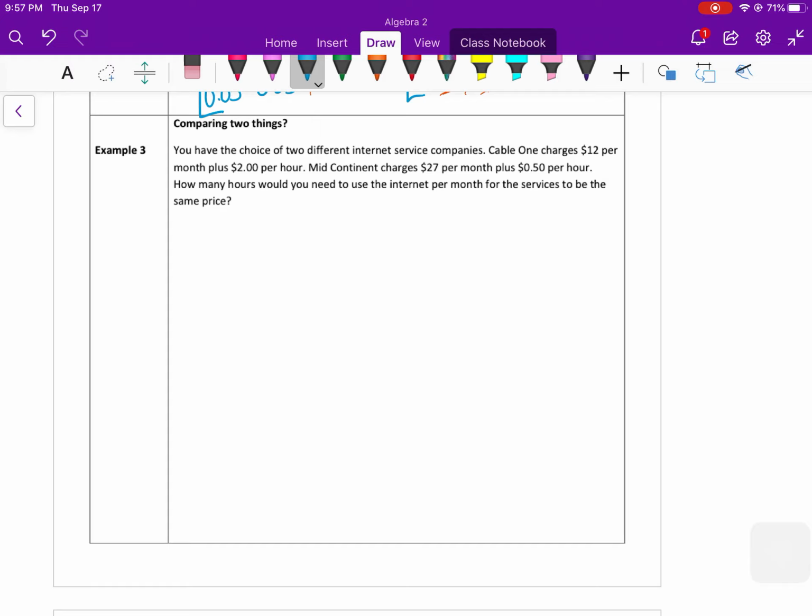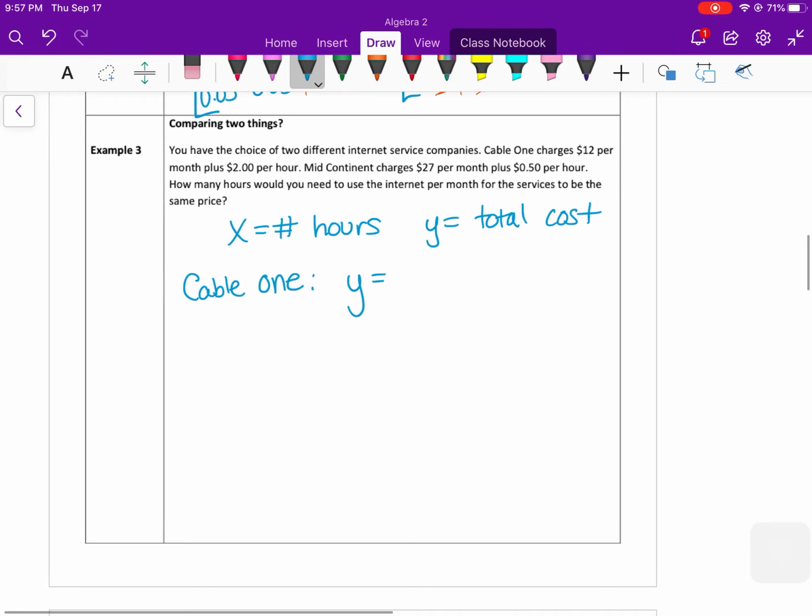So just setting this up first. Cable one charges $12 per month plus $2 an hour. So we'll let X equal the number of hours, and Y is going to be the total cost. So for cable one, Y equals $12 per month plus $2 per hour.